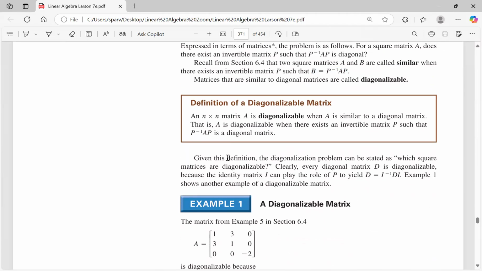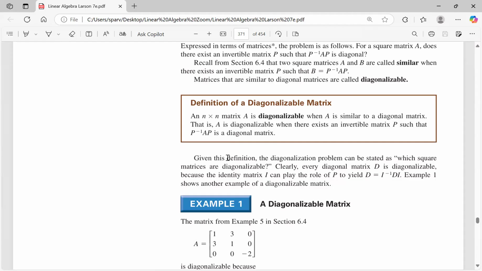Now, why do we want to diagonalize a matrix? When we diagonalize, you have numbers on the main diagonal, and the off diagonals will be 0. The reason this is ideal is because it simplifies matrix powers. If you want to raise a matrix to a power, this makes it really easy.